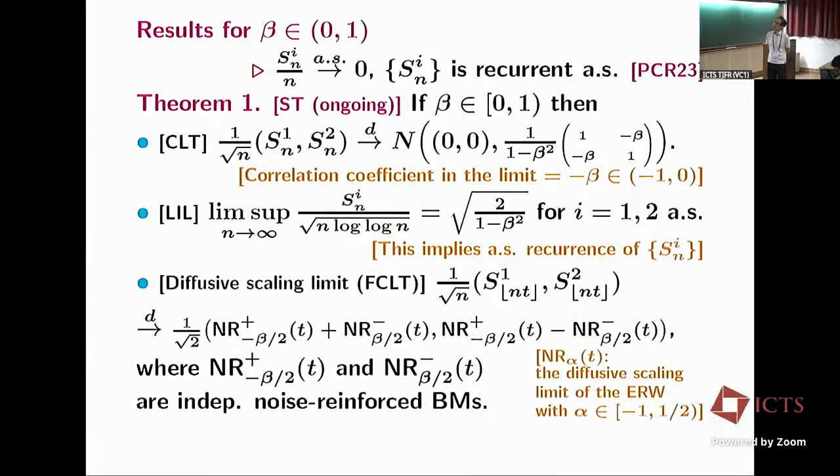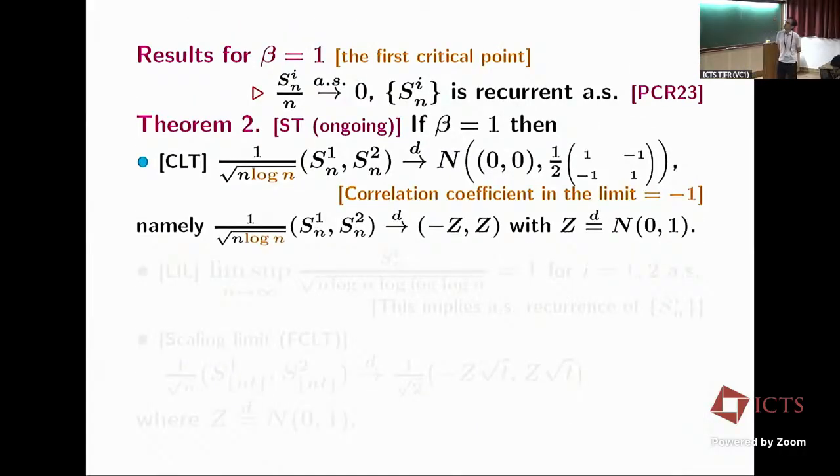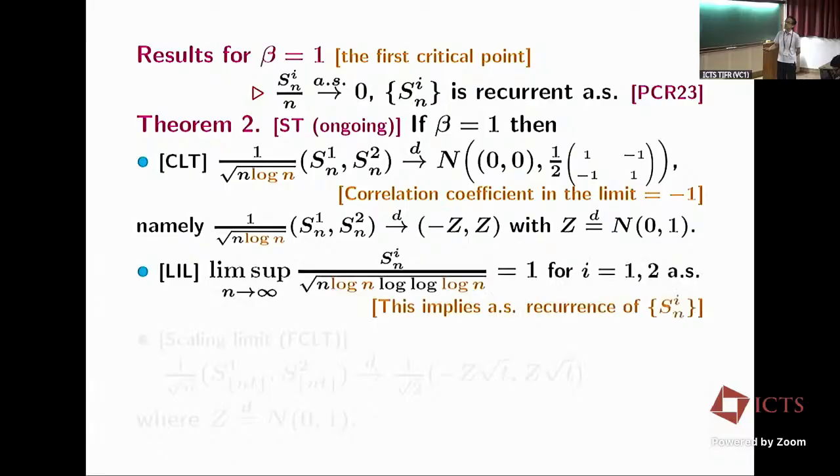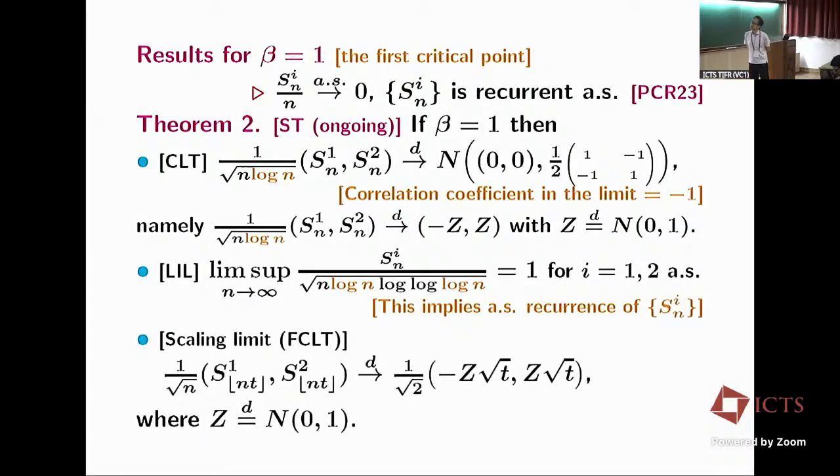In the critical regime, we have a similar CLT and LIL, but with an additional logarithm. And for the scaling limit, we do not obtain Brownian motion, but this kind of scaling limit. It is a standard normal variable, multiplied by the square root of something. This is the scaling limit for the critical case.